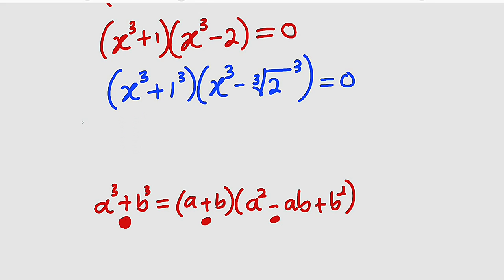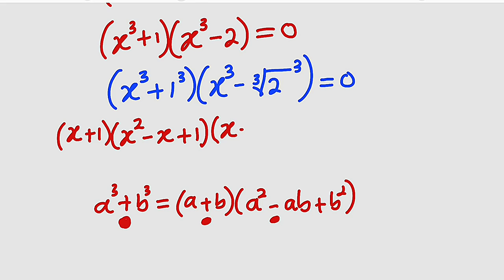The first one, we have x plus 1. Then you should multiply that with a squared, that is x squared. Then minus ab, but a is x, b is 1, so x times 1 is x. Then plus b squared, which is 1 squared, is 1. Going to the next one, we have x minus the cube root of 2, then multiplied by x squared.